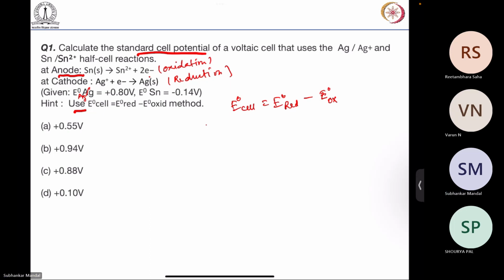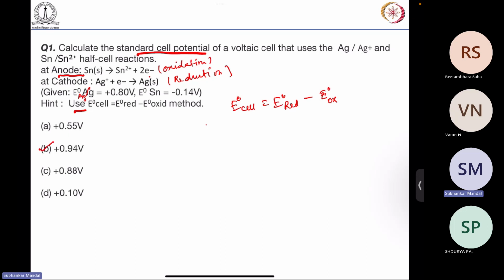Yes. 0.94 volt. Okay, so it is 0.94 volt.